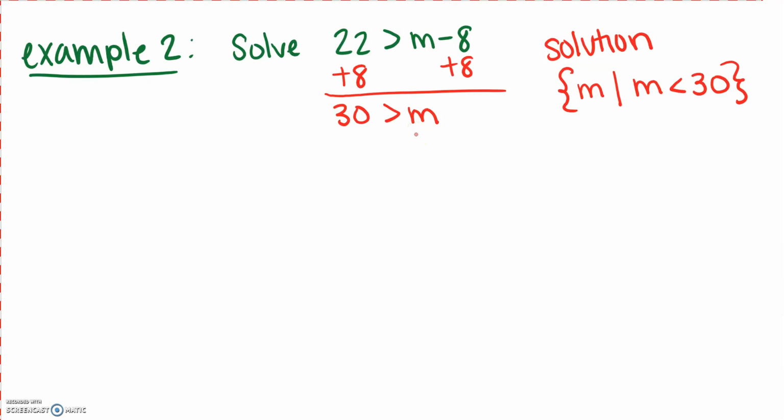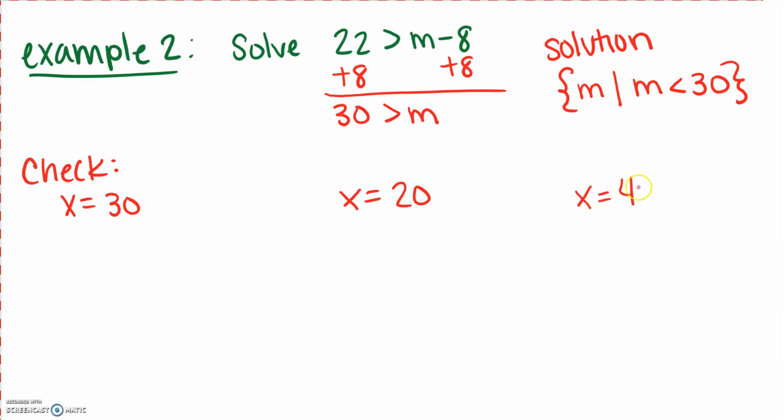Now, let's check our work just like we did before, just to make sure. Let's choose x equals 30, x equals 20, and x equals 40. With those values, let's plug them into, oh, I used x. We don't have x. We have m.